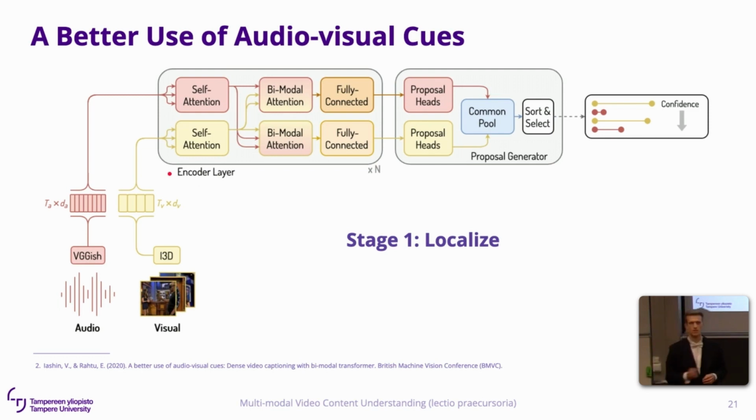Inspired by encoder-decoder attention in the full transformer architecture, I decided to redesign the encoder a little bit. Now it has an extra bimodal attention module, which effectively encodes cues from both audio and visual streams early on in the architecture. The output of this encoder is then passed to the proposal generator, which also effectively uses audio and visual cues to make the localization proposals.